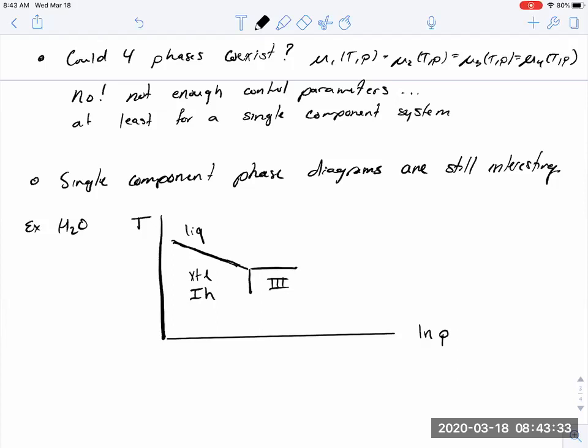Now, if I keep increasing the pressure, I will keep seeing other phases. Indeed, there is another transition to an ice known as ice 5. Turns out if I cool ice 3 down, there's a transition to ice 2.